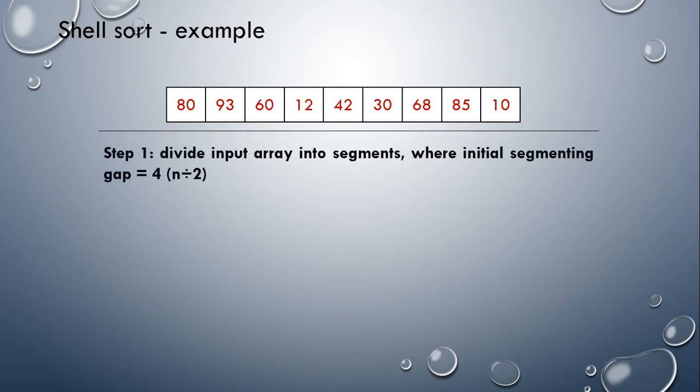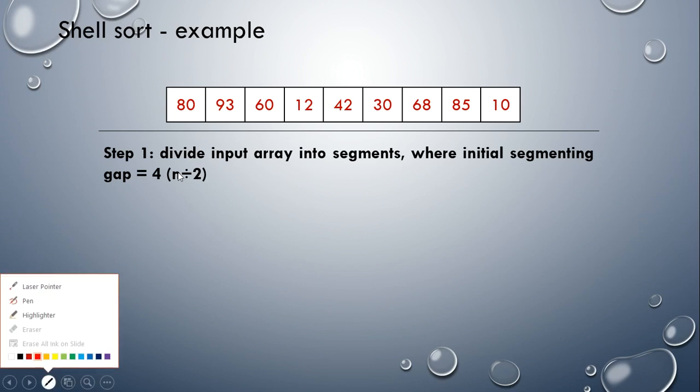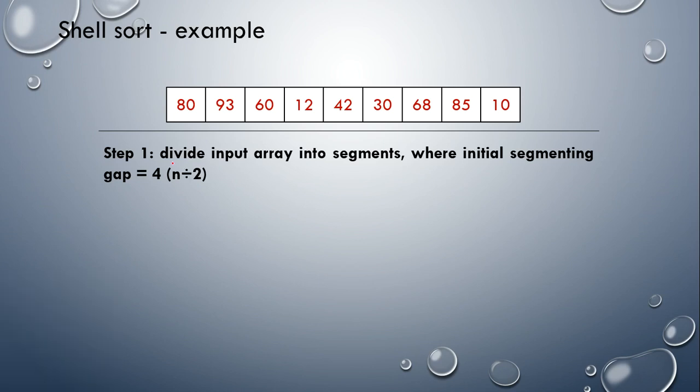Here the total number of elements in the array is 9, with index 0, 1, 2, 3, 4, 5, 6, 7 and 8, starting from 0.